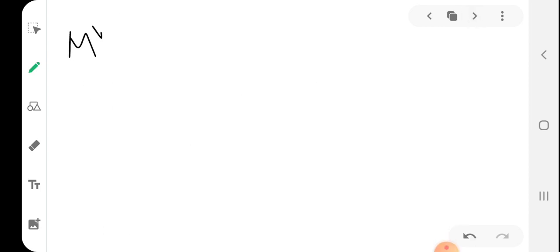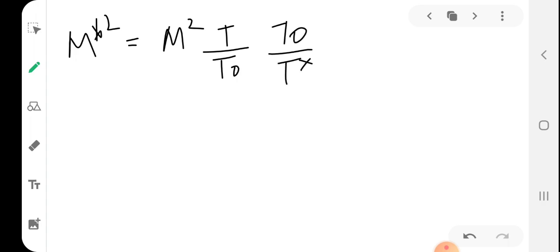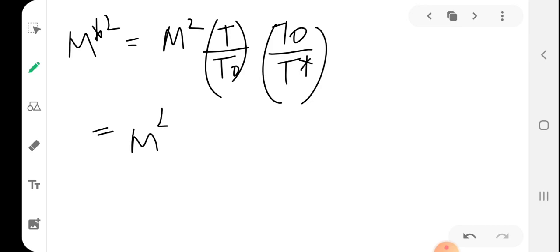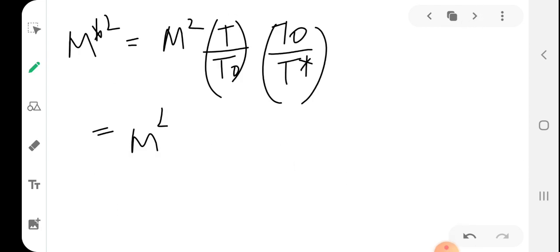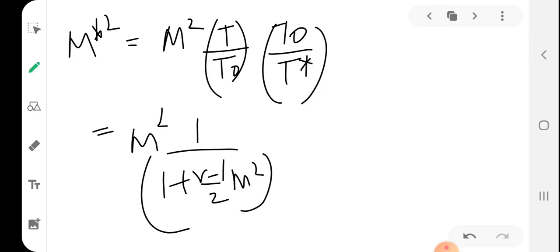Mach star square is nothing but Mach square into T by T0 into T0 by T star, right? T0 by T is 1 plus gamma minus 1 by 2 Mach square, so T by T0 is the inverse of that, 1 over 1 plus gamma minus 1 by 2 Mach square. T0 by T star is nothing but gamma plus 1 by 2, right?